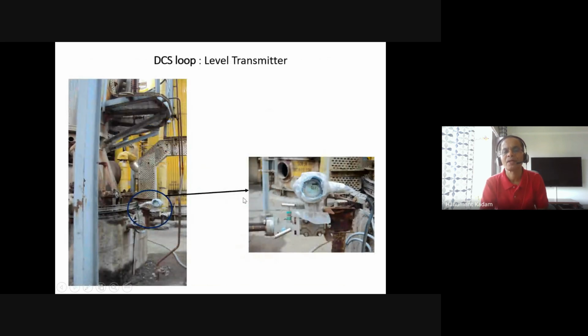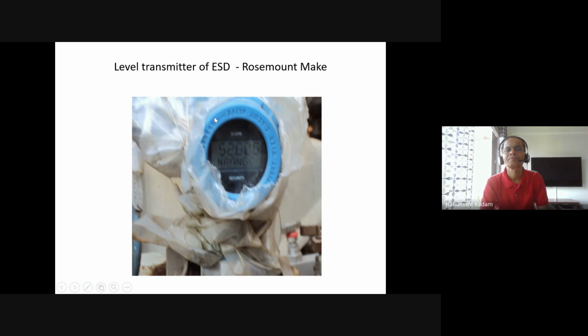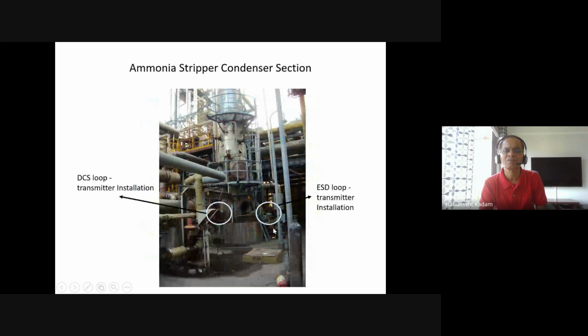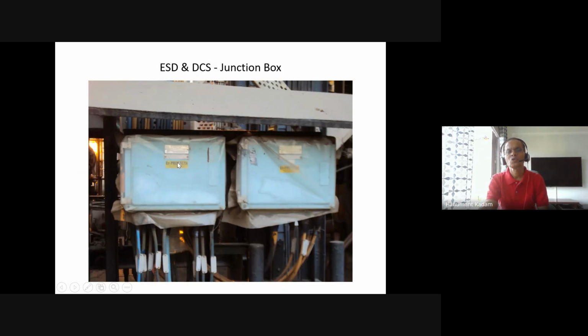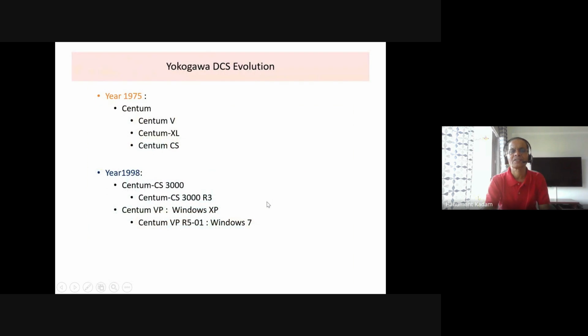Then the DCS loop, how it is processed towards the DCS side. This is the DCS loop level transmitter, as you have seen here. Rosemount make, ESD ammonia stripper condenser section, DCS loop transmitter and ESD loop transmitter. So two transmitters are there for this loop, and two JBs: one is for ESD, another is for DCS.